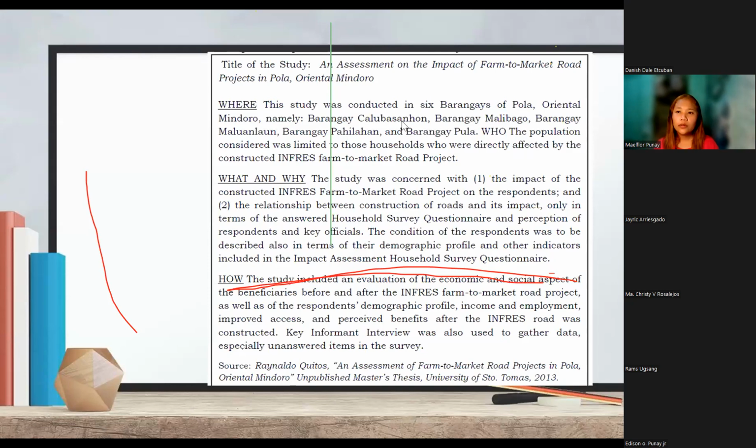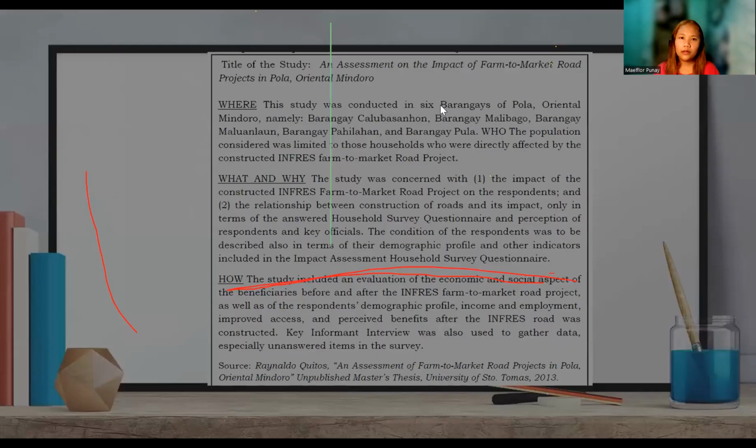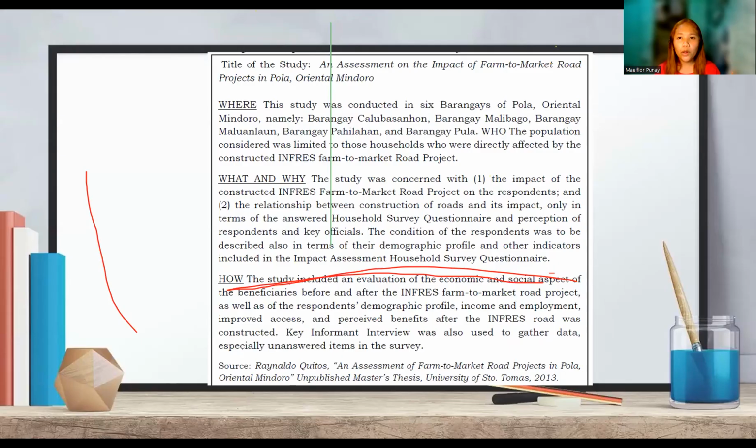Okay, so here is an example on where this study was conducted: in 6 barangays of Pola Oriental, Mindoro, namely Barangay Kalubasanhon, Barangay Malibago, Barangay Maluan Laon, Barangay Pahilahan, and Barangay Pula.